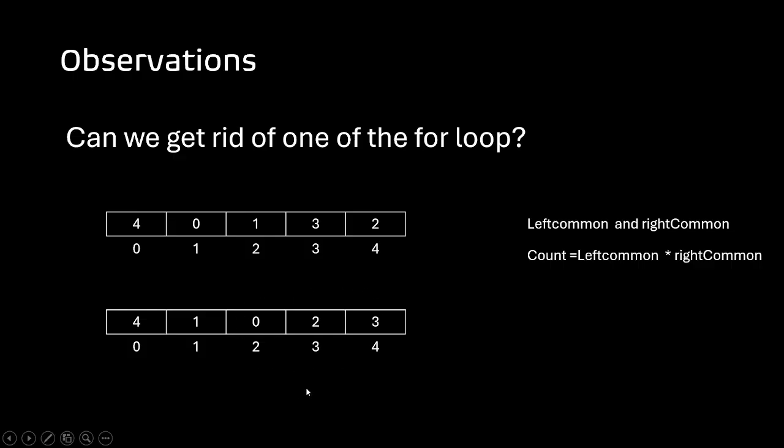There are a couple of ways to do that, but if we are thinking of an n square solution, then we can do it linearly. So first of all, for nums1 we have one for loop, and inside that we can nest another for loop which runs from 0 to the index.